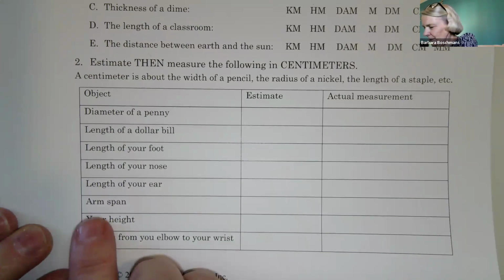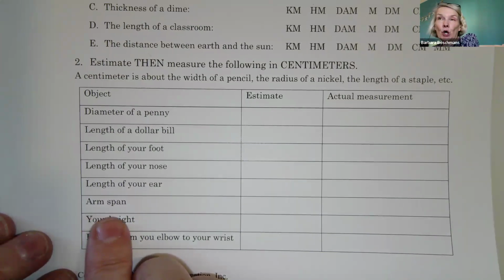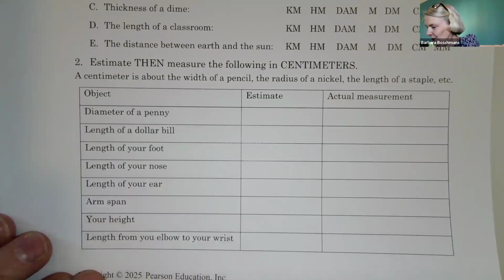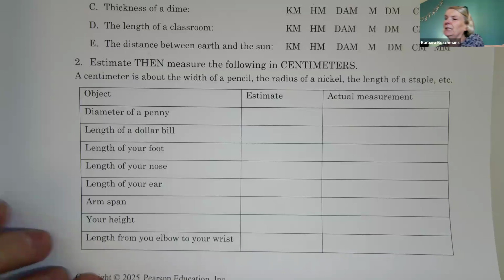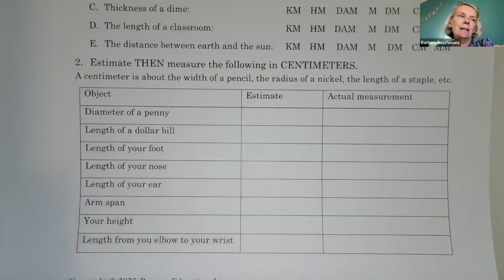The one that is going to be a little bit longer lengthwise is going to be your arm span and your height. You probably need to use a tape measure if you have one, or maybe you can do it in segments. Have somebody help you. This is probably a two-person job if you use a ruler, because you can flip it over. But write the actual measurements next to it.